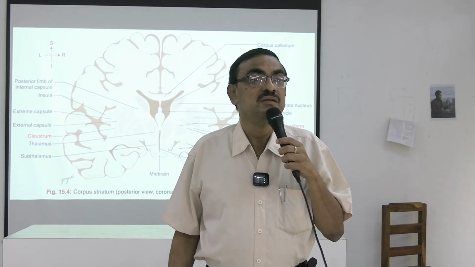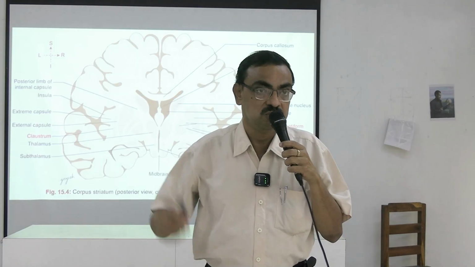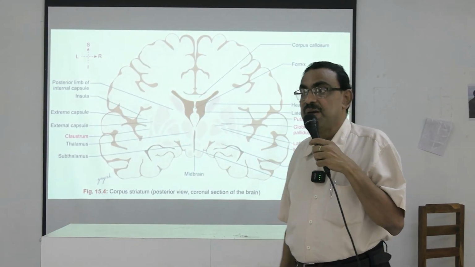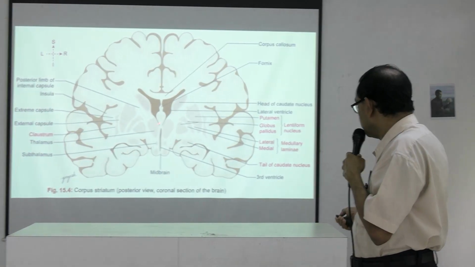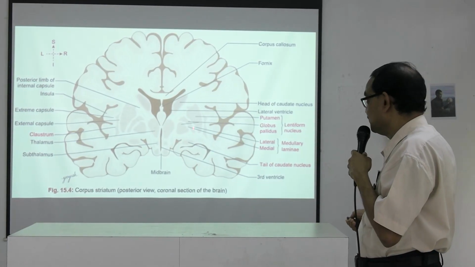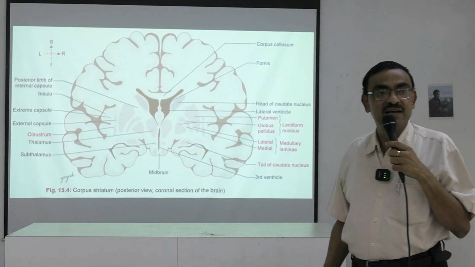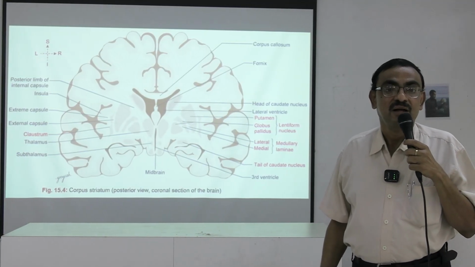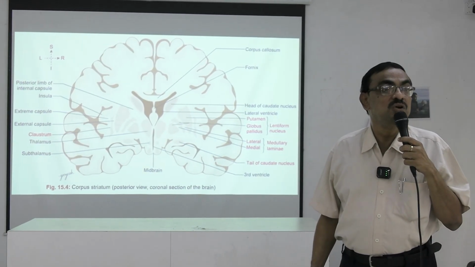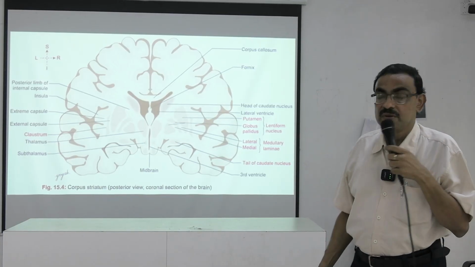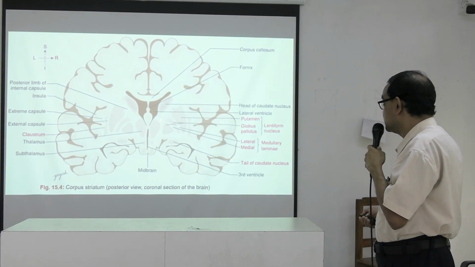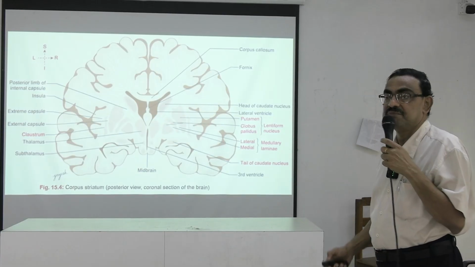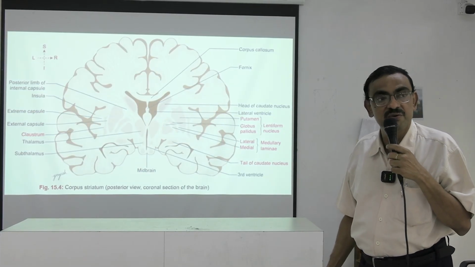So they are called paleo, meaning old, the paleostriatum. That is the pallidum, the globus pallidus. So it is neostriatum and paleostriatum.